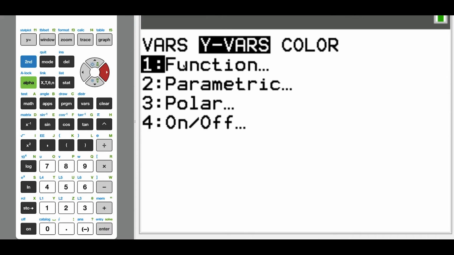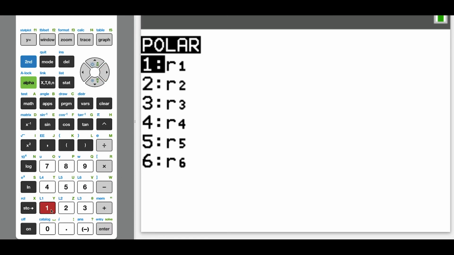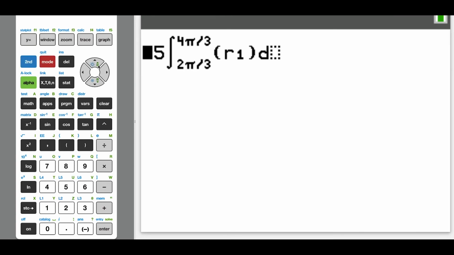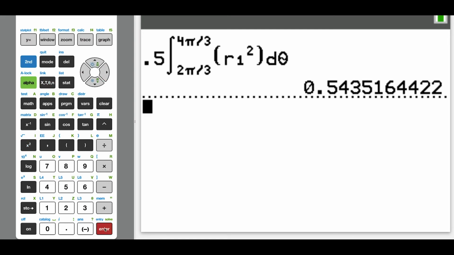We hit the right arrow, and now we're going to polar here because we wrote this in polar form. And it was R1. Remember, R1 was 1 plus 2 cosine theta. So that's the function here that's going to be squared. So all we're going to do is just attach an exponent of 2 next to it. And now we just write in our d theta. And this is going to give us the actual area inside the inner loop of our limaçon.